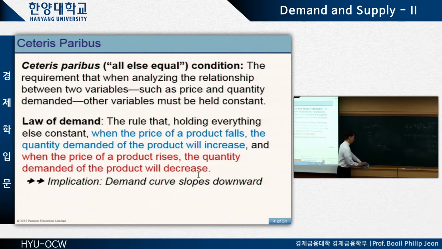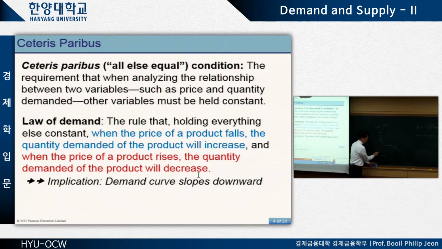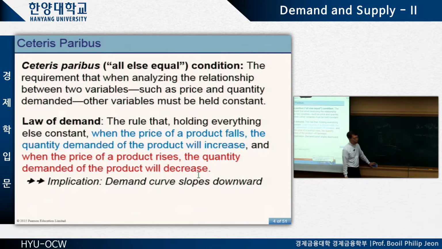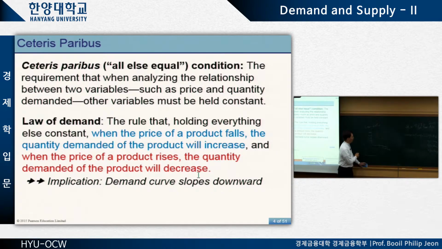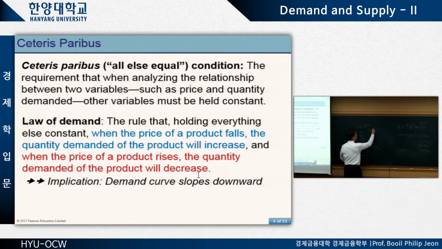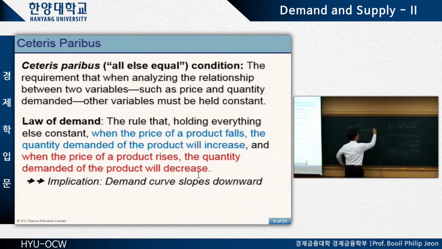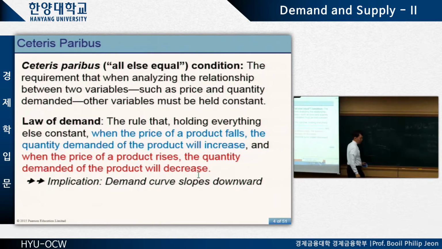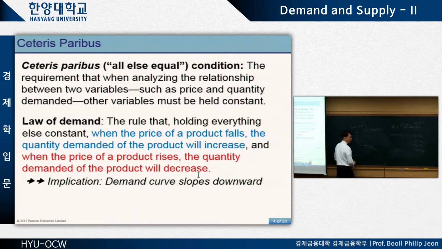So he collected this data on father's height and son's height, right? And of course, he found the mathematical way to find the best fitting line. Finding the best fitting line, that's regression analysis, right?